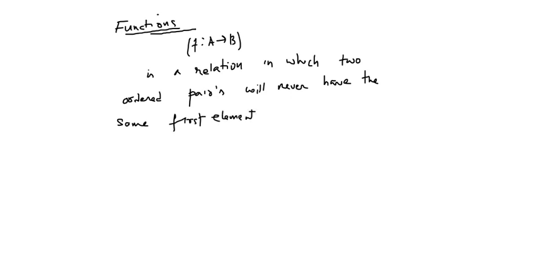In a relation it is possible, but in a function it is not possible. That means in a function you will not find, if (1, 2), and again it's the same first element. Let us take an example to understand this.